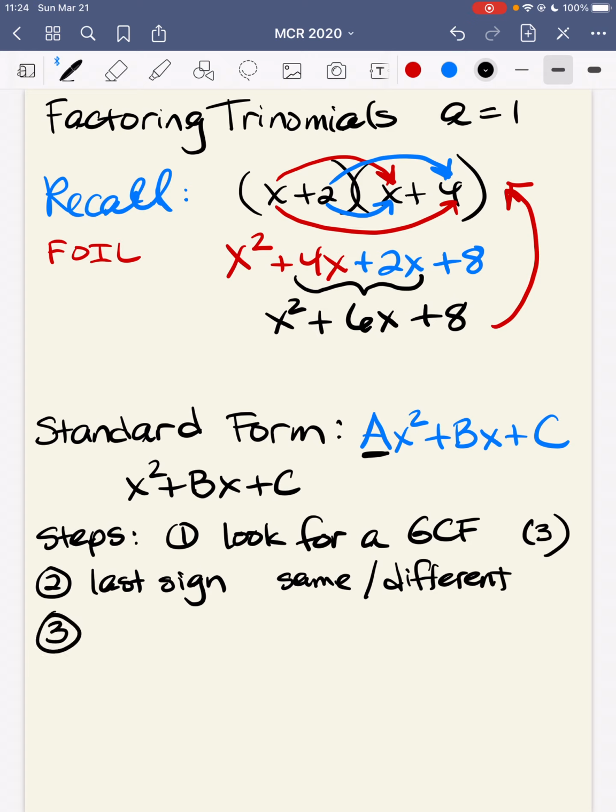The third thing I want to do is I want to look at the first sign. And again, it's going to tell me information of what type of signs I'm looking at. And it'll make a difference whether my last sign is same or different. But I want to know what my signs are that I'm going to be dealing with in my binomials.